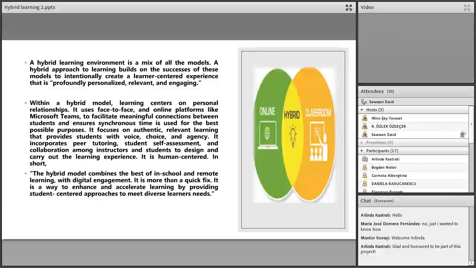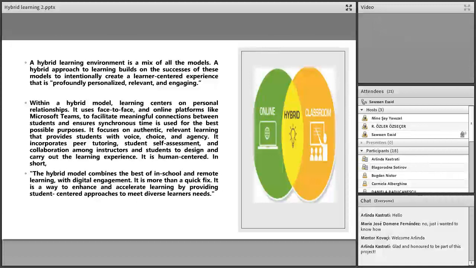They need to participate. They are not going to stay in front of their computers like machines. They need to interact and participate in the learning process. So it also incorporates peer tutoring, student self-assessment, and collaboration among instructors and students to design and carry out the learning experience. It is human-centered in general.